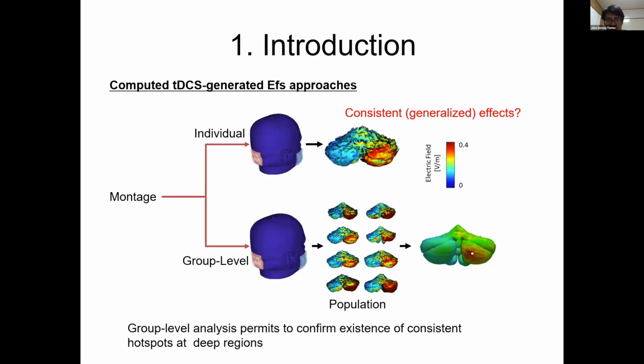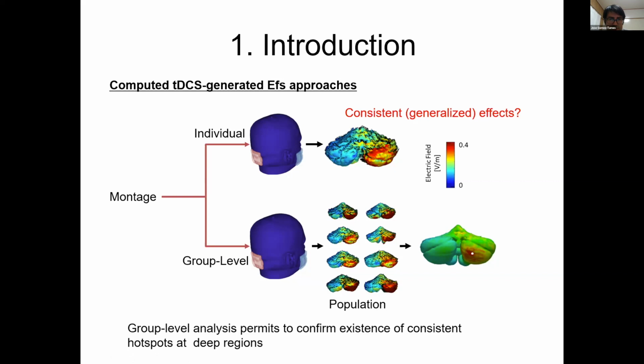For that we can use registration techniques, in which we can compute an average, or investigate the standard deviation, to see the general effects on the population. For this study, we will go with this second approach, the group level investigation.